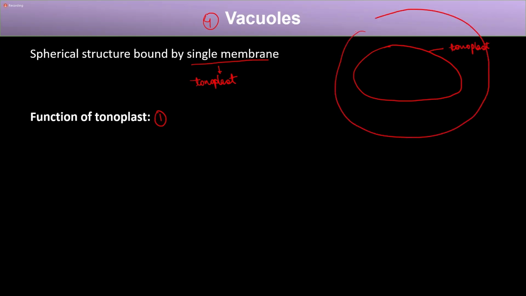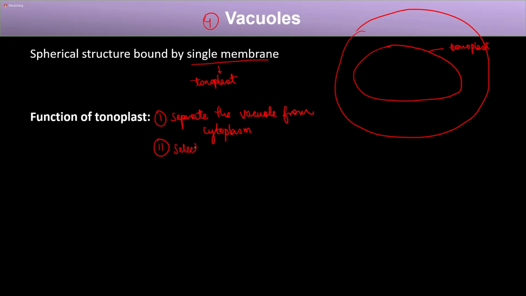So if you have a cell, it separates the vacuole from the cytoplasm. This is the first function of the tonoplast. The second function of the tonoplast is that it is selectively permeable.